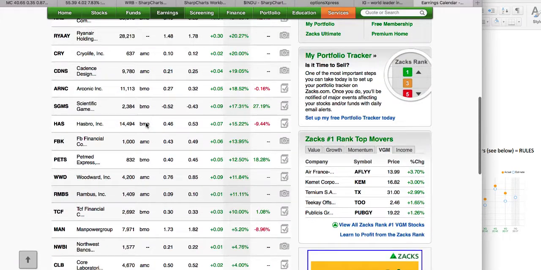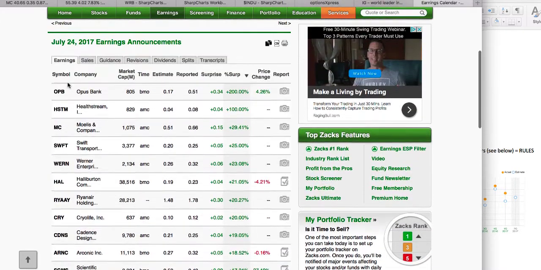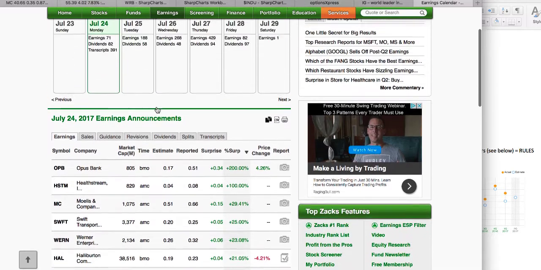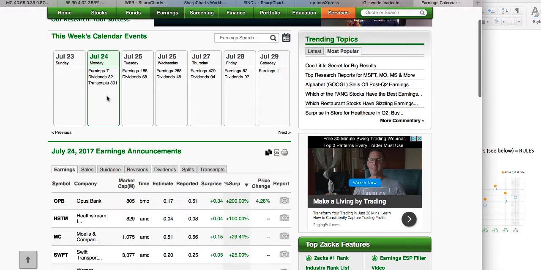And you can see all the codes, and it's going to say before market open or after market close, BMO or AMC. That's just how that one works. If you want a different system, it's just a different way of looking at them.